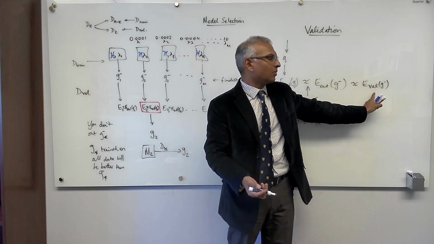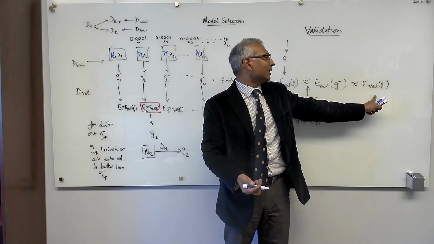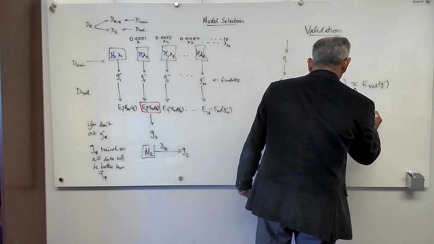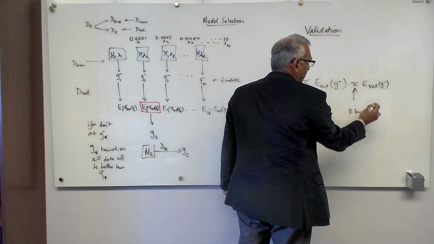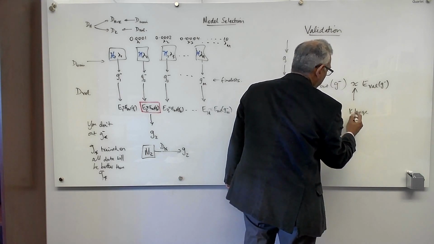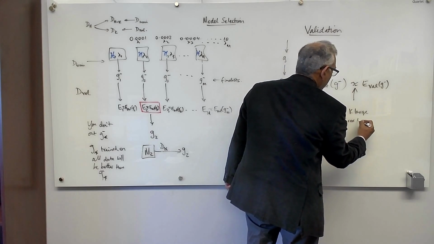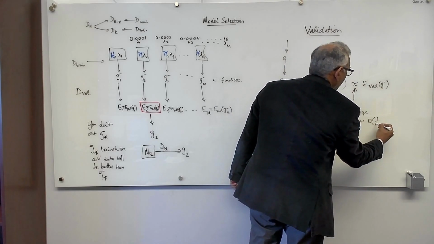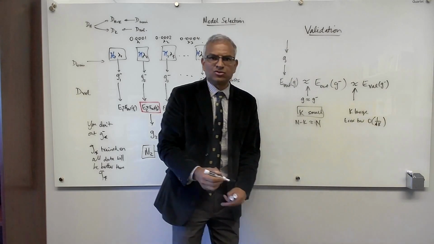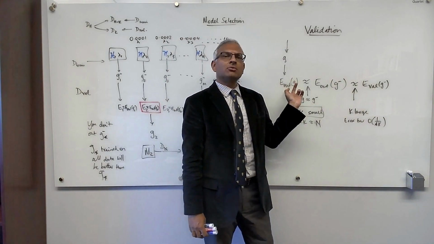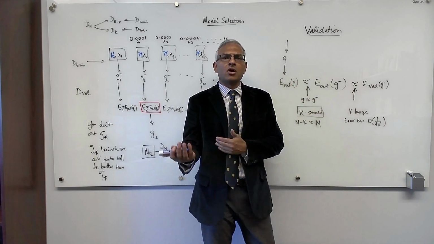So to get this equality tight, we would like to choose K large, because the error bar on E val being close to E out of g minus is on the order of 1 over root K. And so there seems to be a big trade-off here. I'm trying to estimate E out, and I'm stuck between a rock and a hard place.